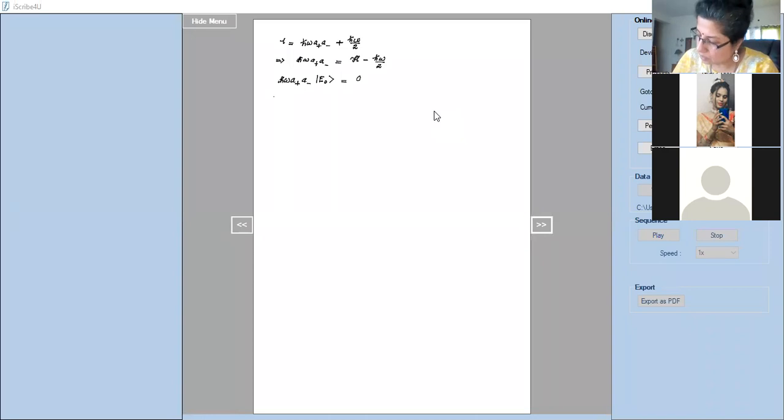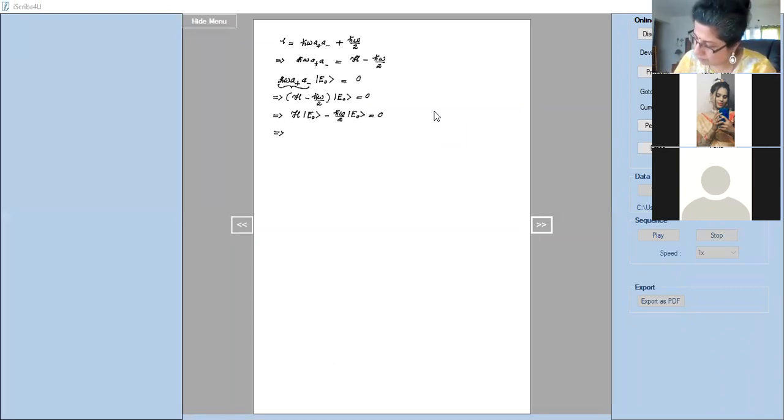So now we will replace this h cross omega A plus A minus with the Hamiltonian minus h cross omega by 2, acting on E naught, equal to 0. Which implies that the Hamiltonian acting on E naught minus h cross omega by 2 acting on E naught must be giving us the null vector, correct?